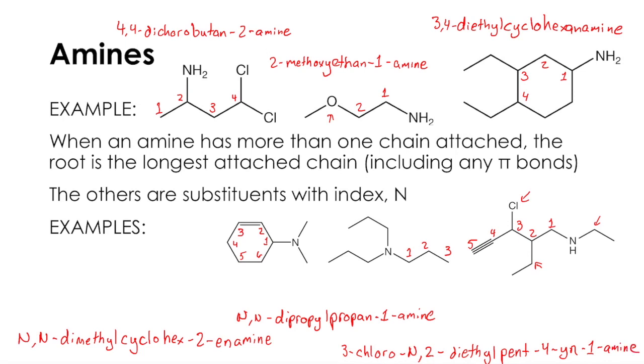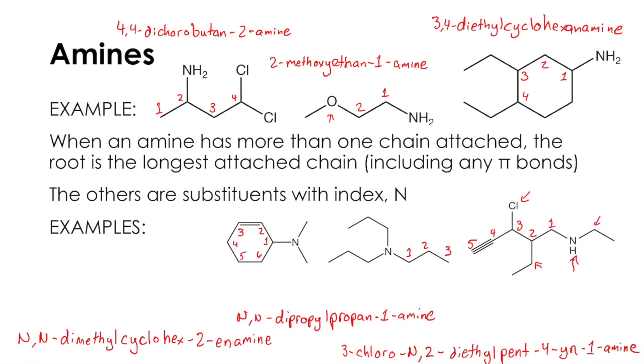You don't have to name the hydrogen attached. It's assumed that if there aren't enough substituents attached to the nitrogen, then anything else is a hydrogen. So in this case, there was 1 substituent on the N and the root, and so there was one other hydrogen attached, and that's just known.